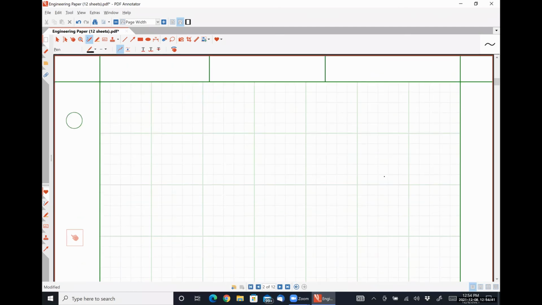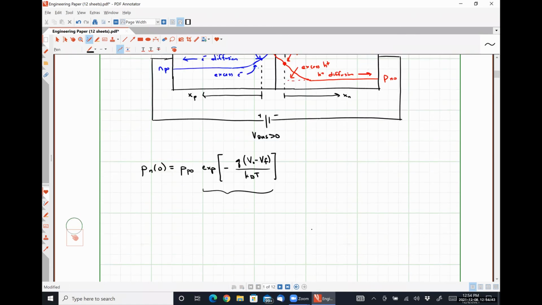And we can develop a similar relationship for electrons. NP at X sub N equal to 0 will be N naught multiplied by that exact same exponential function, negative Q V naught minus VF over KBT.